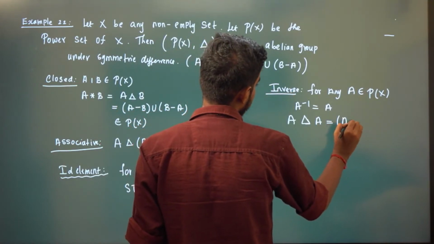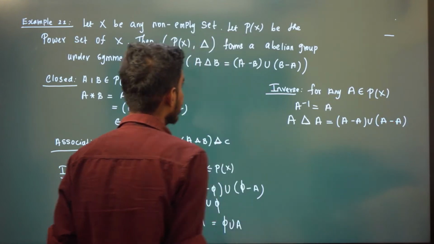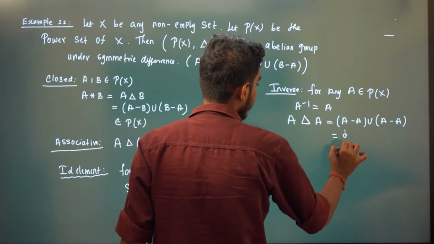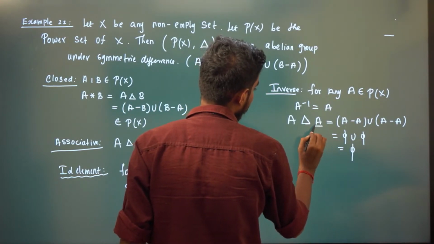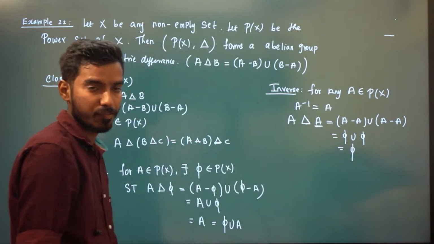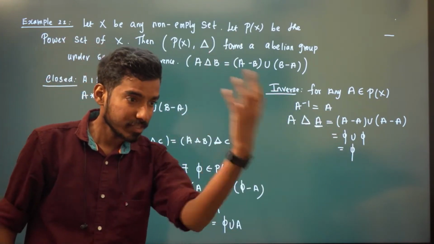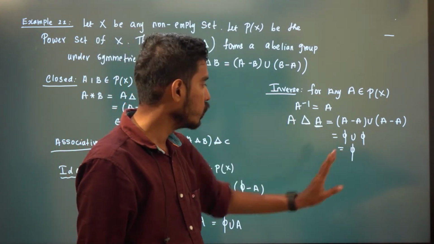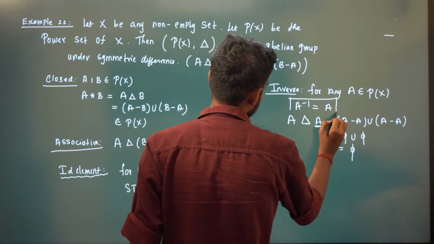It is A minus A union A minus A, because A delta B is A minus B union B minus A, and this is empty, this is empty, this is empty. That means you are performing with A and getting the identity element. Whatever set you are taking, that is the inverse also, because if you perform A with A, you will get the empty set. So A inverse is the same as A.